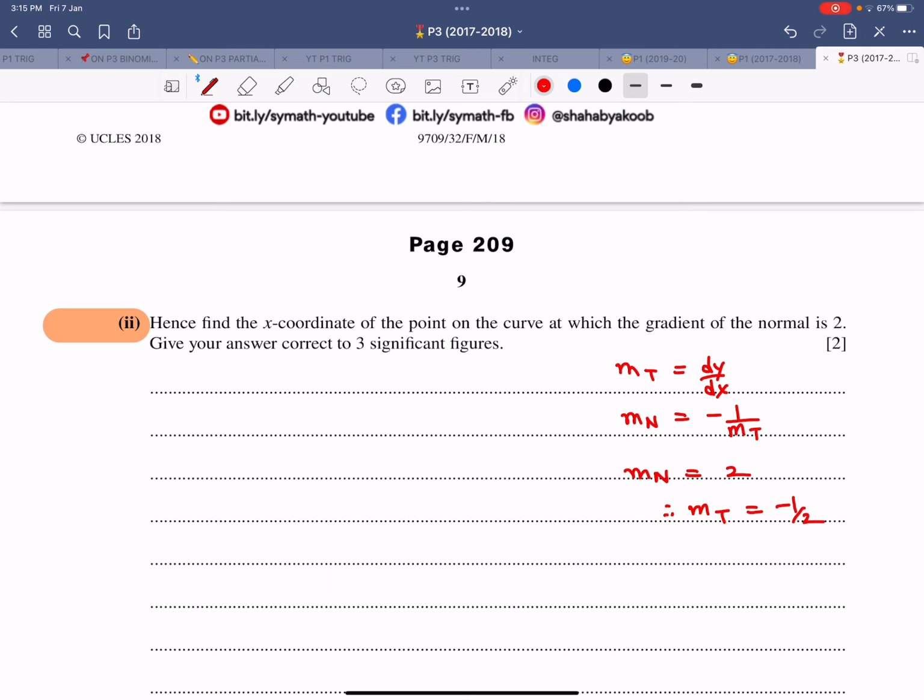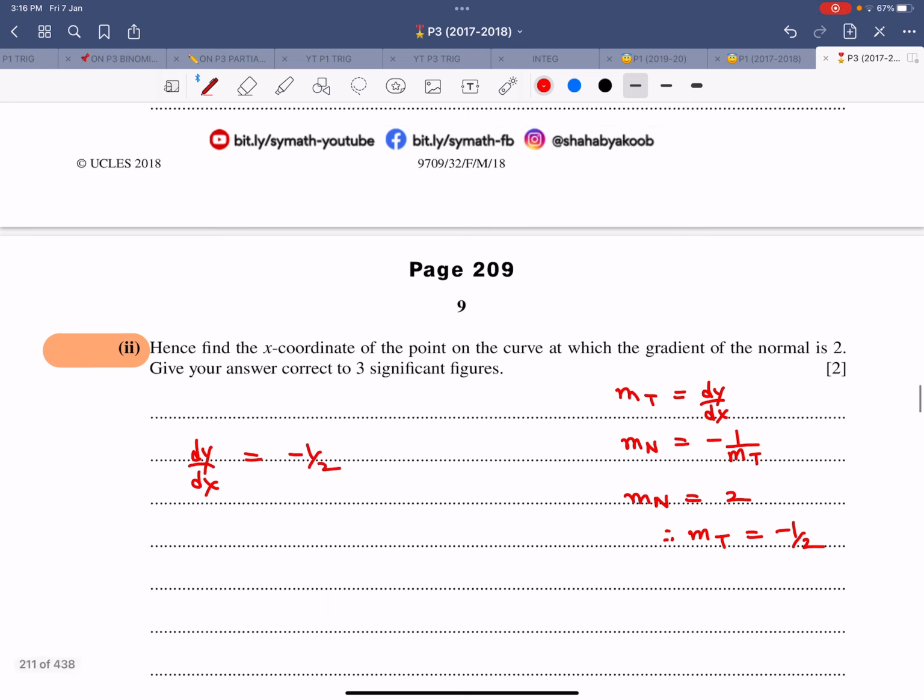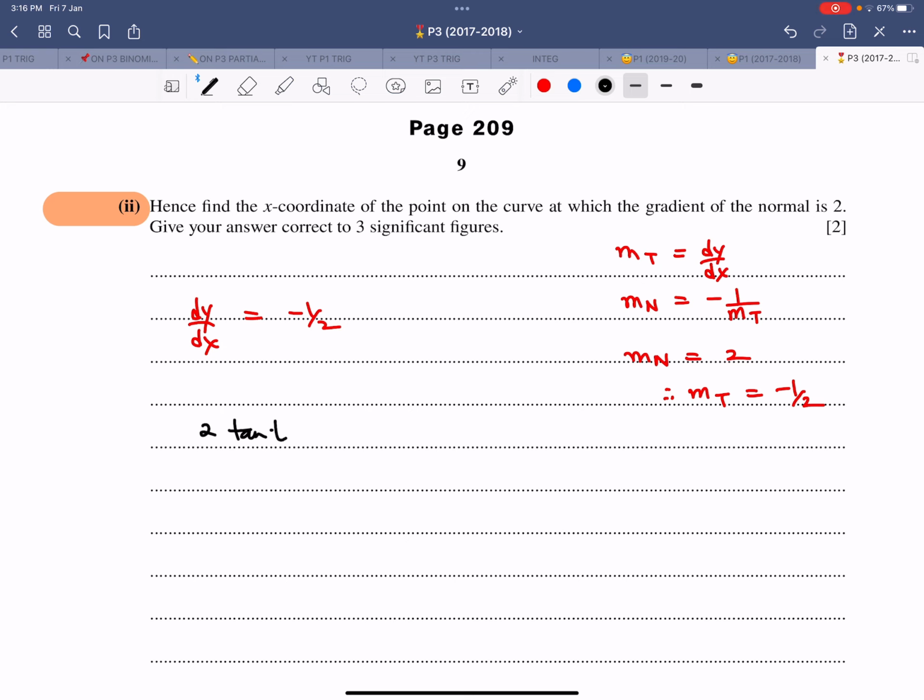Therefore, dy by dx should equal negative half. So that is the working that we are going to do. And this is question number 5. So now in question number 5, when we have 2 tangent t, that is the derivative, 2 tangent t is equal to negative half.